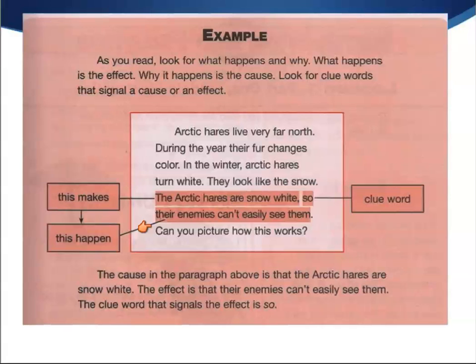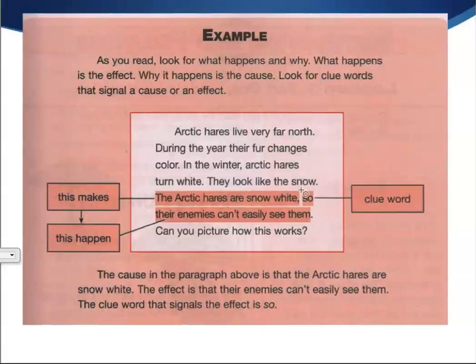All right, take a look right down here at the bottom. This will help us to understand what we found. The cause in the paragraph above is that the Arctic hares are snow white. The effect is that their enemies can't easily see them. And you might have noticed a clue word. The clue word that signals the effect is so.